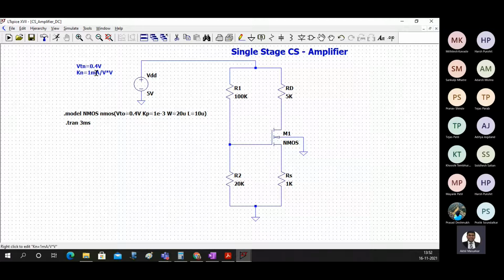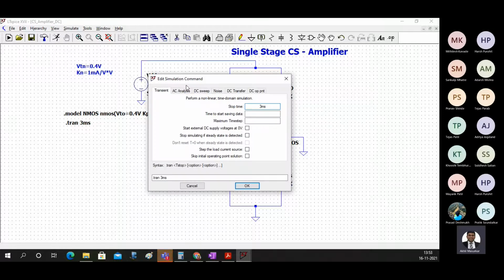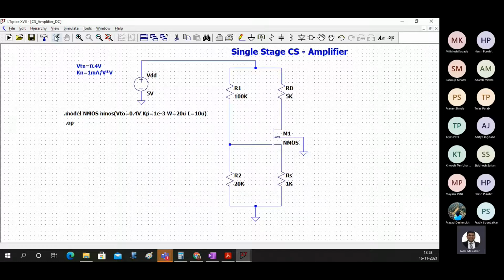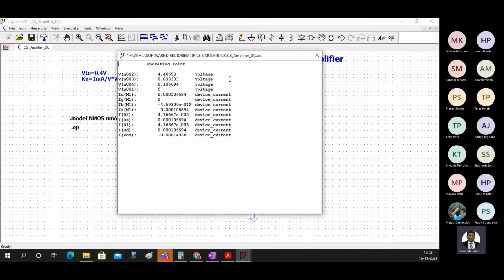If you want to do a plain DC analysis, that is also quite possible. Just convert it to dot op, and you can see here VG is this.